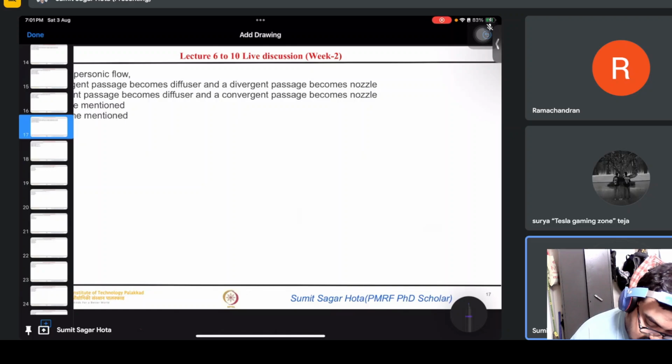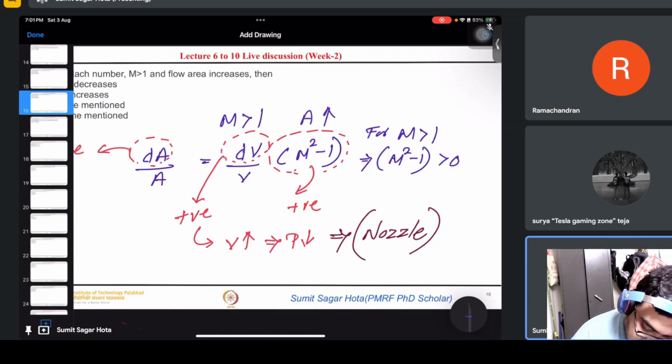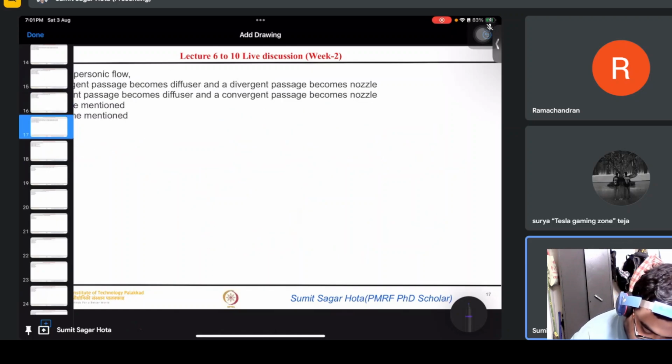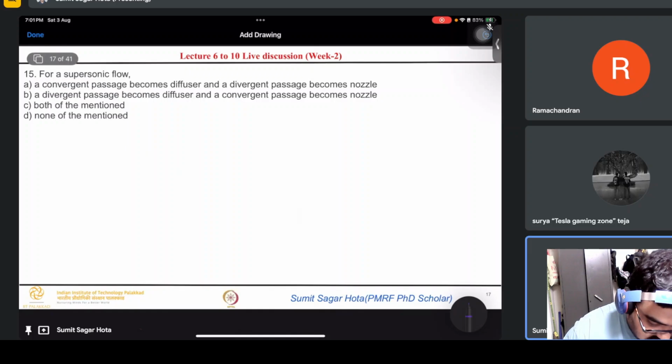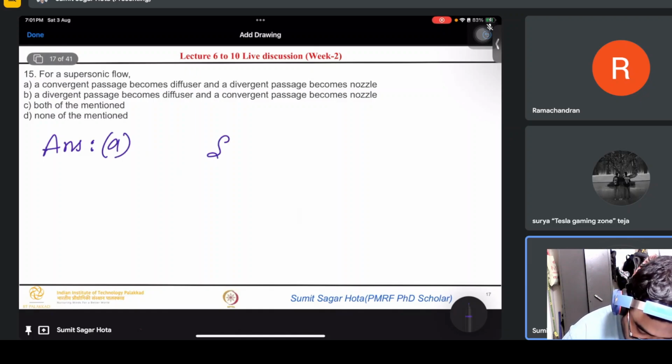And a divergent passage becomes a nozzle, because area is increasing and velocity is also increasing. So that's the idea. The answer will be A. This is supersonic flow.